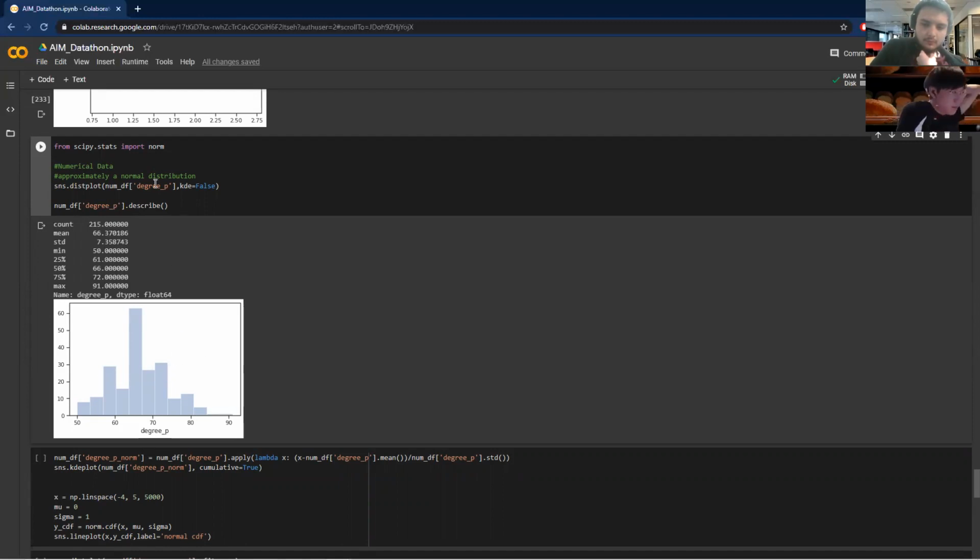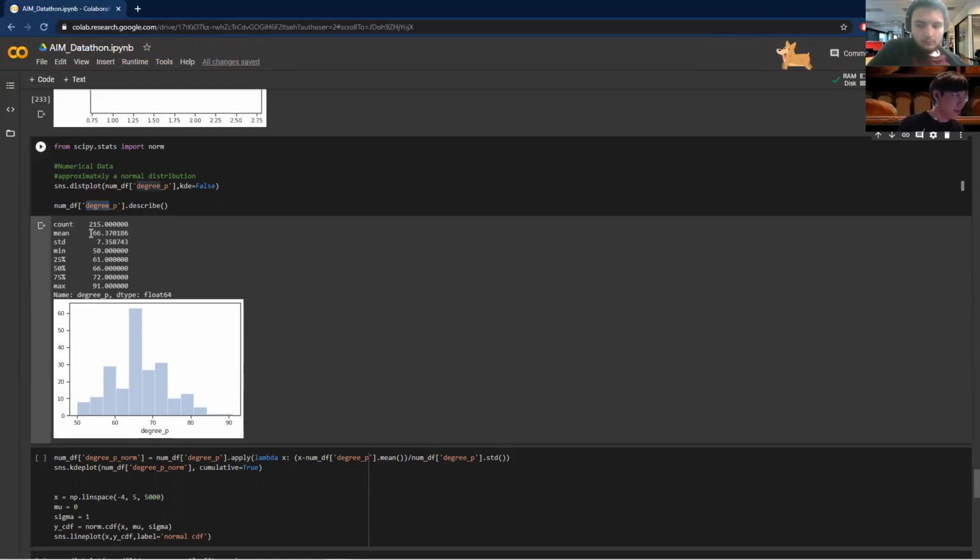So this is a histogram, and I looked at the degree percentage. This is the average exam percentage that each student got in this university. If we look at it, we can see that we have 215 data points, so 215 individuals whose average degree percentage we have. This degree percentage is the average exam mark they got over the course of their degree.